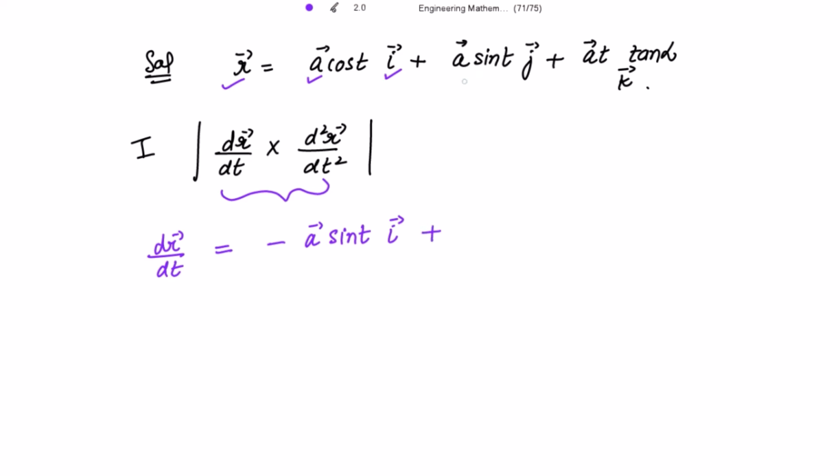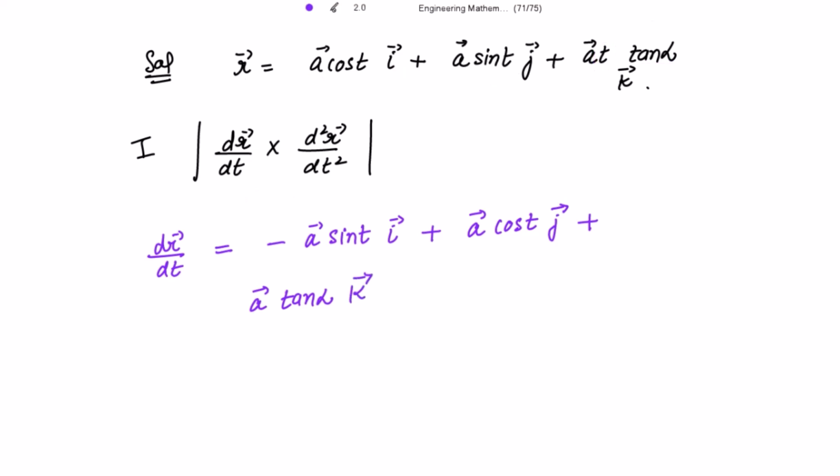Plus, differentiating this with respect to t, again a vector is a constant vector, the derivative of sine t is cos t, and then writing the j vector. Plus, we again have a vector as a constant, and tan alpha is also constant here, and differentiating only this t gives 1, and writing the k vector here.